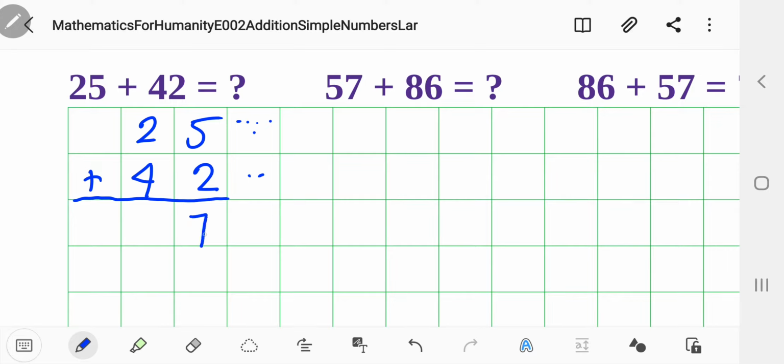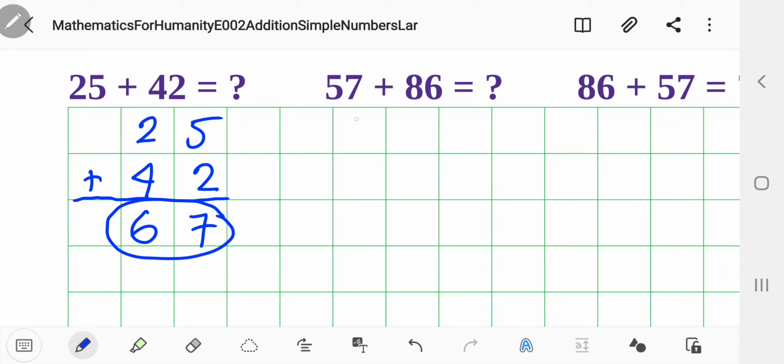So you have 7. Later on I will show you a colored version of what I'm writing here. So you have 2 plus 4 is 6. So you will have 67. This is the answer.